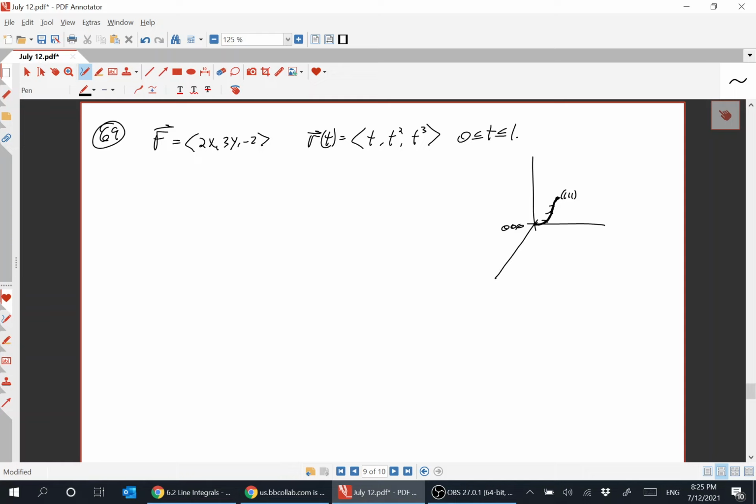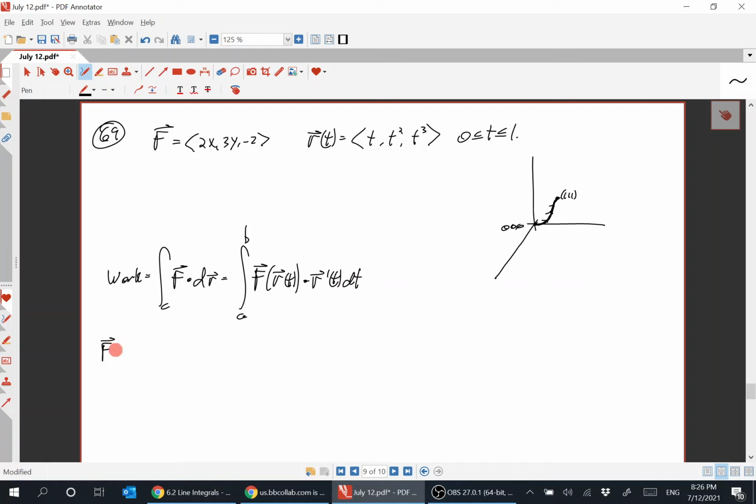All right, so the work done by the vector field is the vector field line integral of f dot dr, which is the integral from a to b of f of r of t dot r prime of t dt.